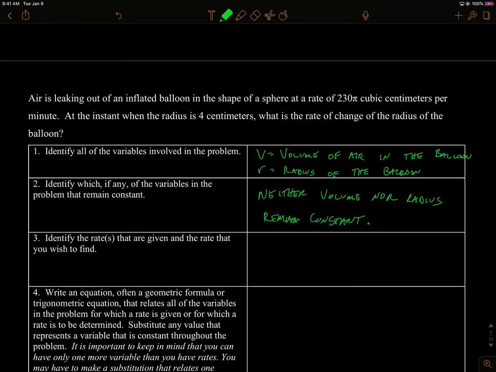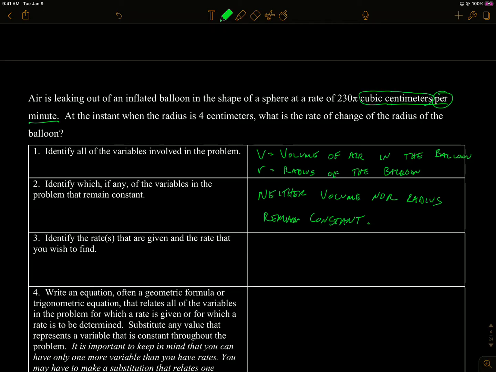Which one of those would be a derivative or a rate of change? If we're focusing on units, cubic centimeters per minute is a rate of change. Per is going to be the key. So they're telling us the rate of change of something. Are they telling us the rate of change of the radius or the rate of change of the volume? I'm going to look at the units given to help me figure that out.